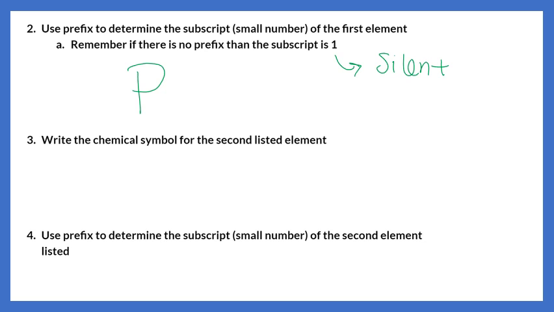All right, now step 3, again, we're working with phosphorus trichloride. Step 3 says to write the chemical symbol for the second listed element. So the next symbol will be chlorine for chloride. So we have our P, and then trichloride is just chlorine, so it's going to be Cl, and then you're going to use the prefix, the tri.